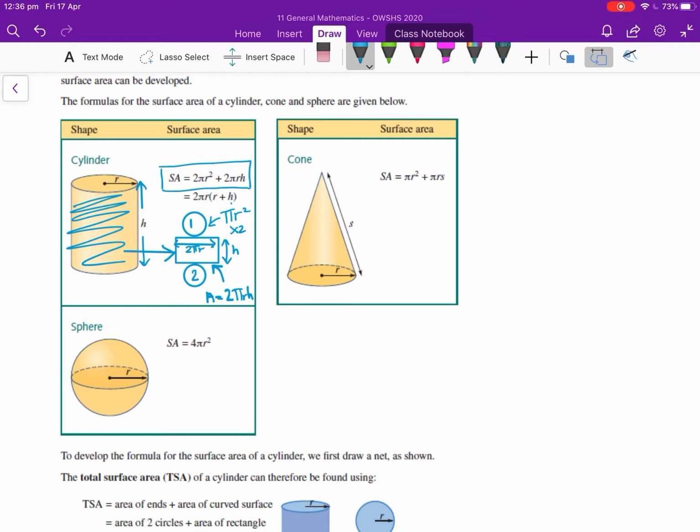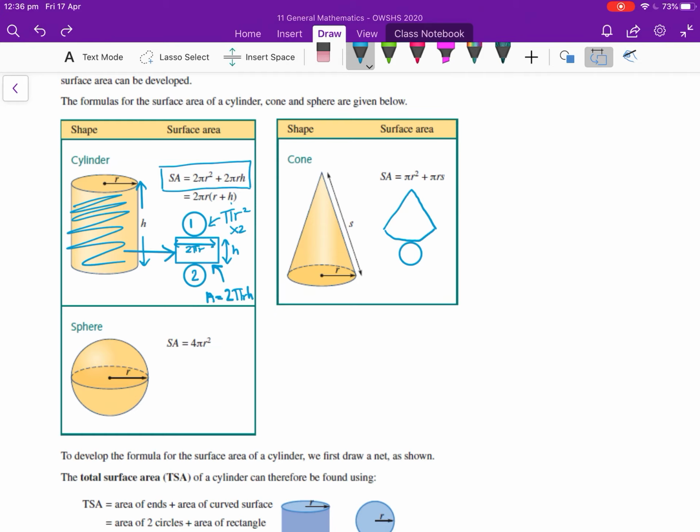Okay, all right, so then for a cone, again, if you can imagine drawing the net of that shape, you have your circular base, so we have our circle, and then we end up with a shape something like this. Okay, probably a bit wider. So something like that.